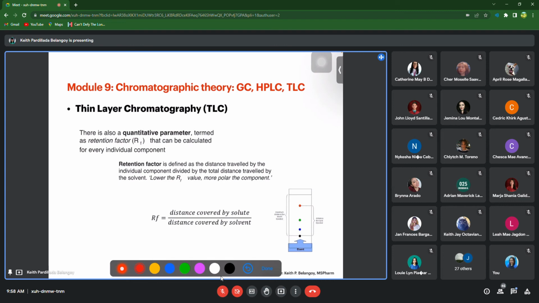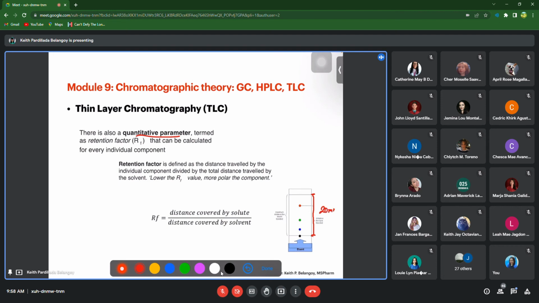So, as you mentioned, you did not solve for this in your biochem, no? So how do you solve for the RF value in your chromatography? You have to first measure from your origin to your solvent front, at the end. Let's say for example this is 20 millimeters.